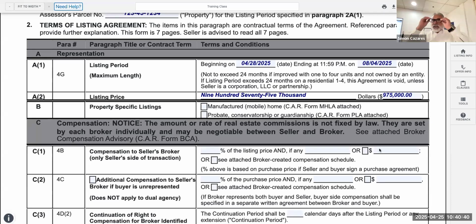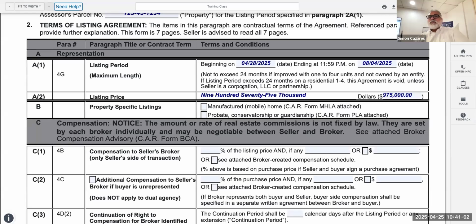If it's 1 month, 2 months, 3 months, 4 months, 5 months, whatever the case may be, that's where you're going to put in the beginning date and also the expiration date. That's when it expires. If you don't sell it, then it'll expire. In this case, I put April 28, 2025, and it ends on August 4th, 2025.